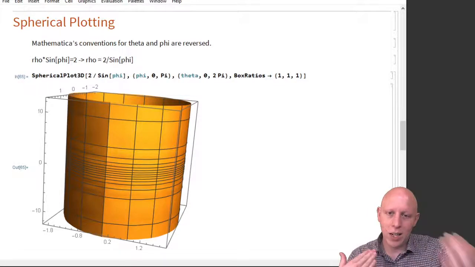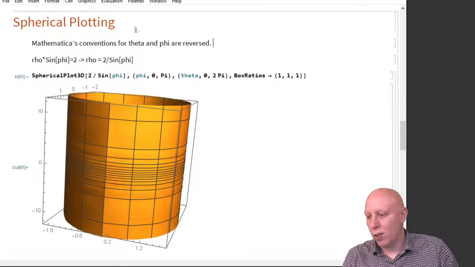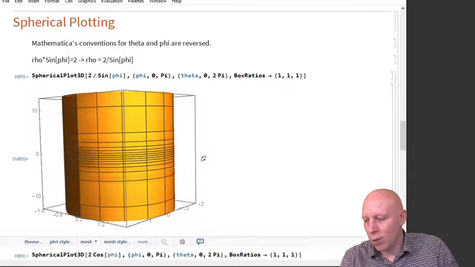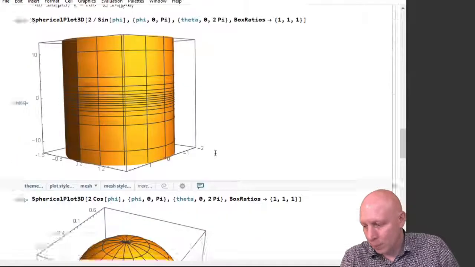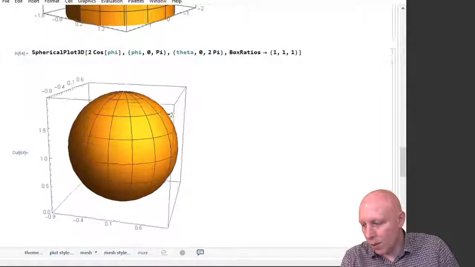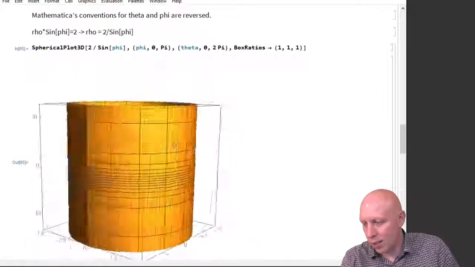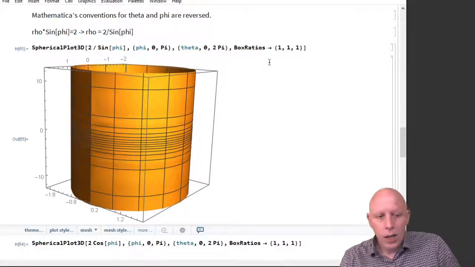When we think of theta, they think of phi. The way we can fix that is we just switch the order of phi and theta, and that's going to give us the equation that we want. So this gives us indeed the ball that we cared about and the cylinder that we cared about.